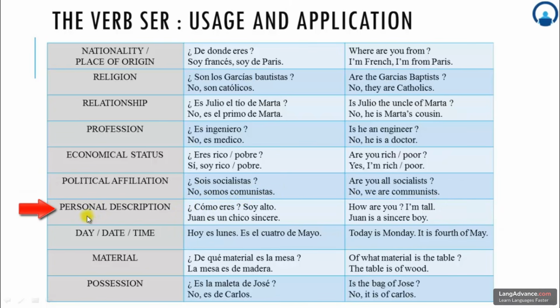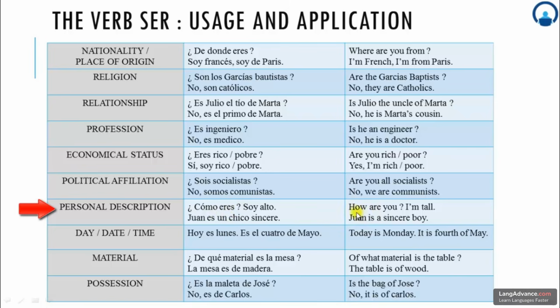Personal description. ¿Cómo eres? Soy alto. How are you? I am tall. Over here, ¿cómo eres? How are you? This is not the question for asking about your health or about your status. If it is asking you ¿Cómo eres?, you don't have to answer that I am fine.